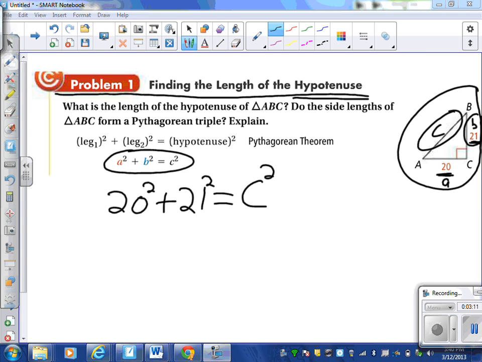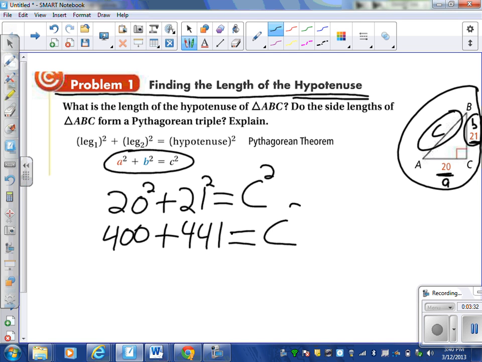So, using this formula, if we take 20 squared, that would be 400, plus 21 squared, which would be 441. That would equal c squared. So if we add these two together, 400 plus 441 gives me 841 equals c squared.